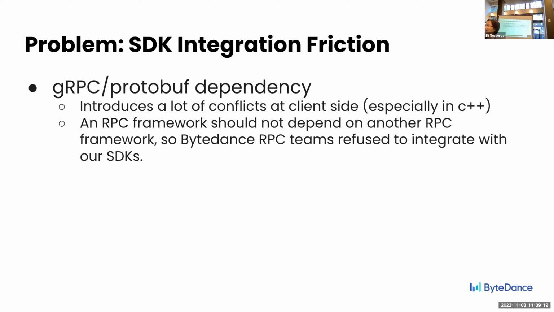We don't have a unified code base. We can't say, oh, if you use gRPC, you must use this version. That's not true in Bytedance. And in C++, you know that dependency management is really a nightmare. And a lot of service teams and library teams do not use tools correctly. So it introduces a lot of conflicts at the client side.